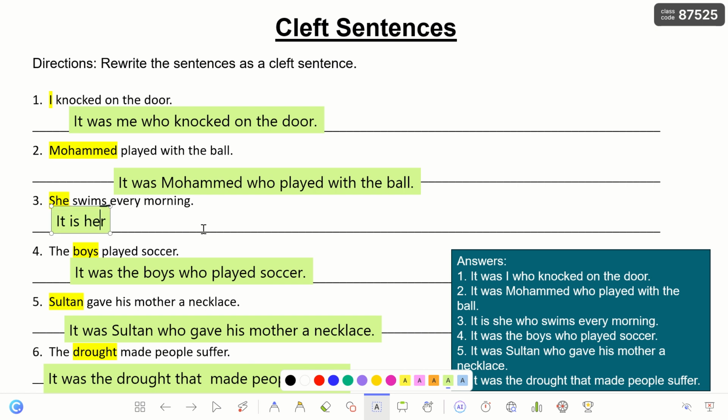It is her who swims. Or it is she, better. It is she, because here I'm focusing on it's she who swims every morning.